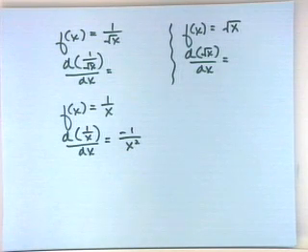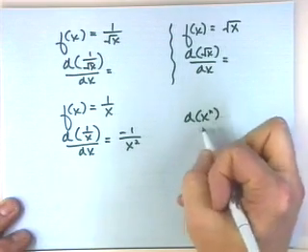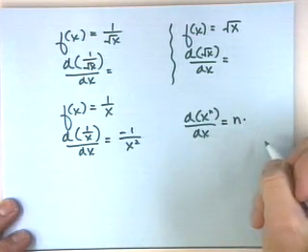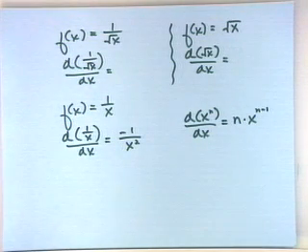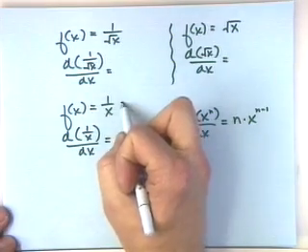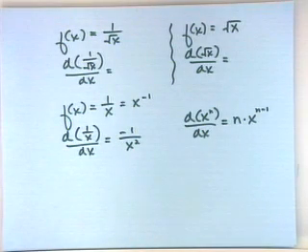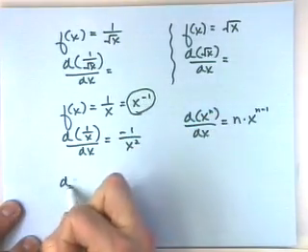Now, the rule that we have, that we are hoping is going to work for things other than positive integers, we're hoping that this same pattern, n times x to the n minus 1, it'd be really nice if it worked for other numbers other than positive integers. Well, 1 over x is the same thing as x to the negative first, right? And if this pattern were to work, what would the derivative of x to the negative first be?